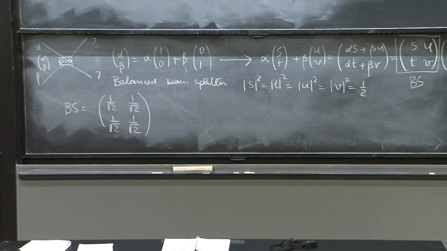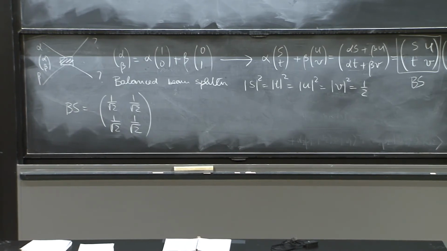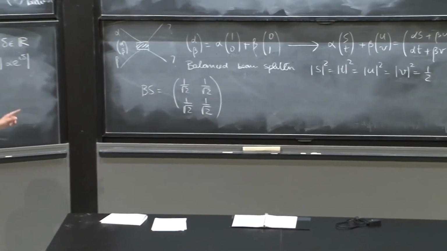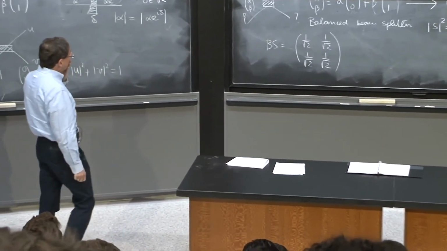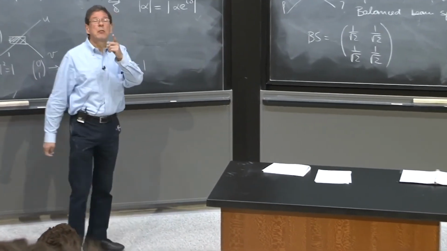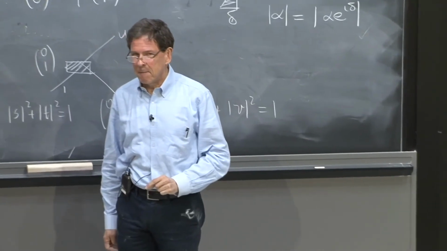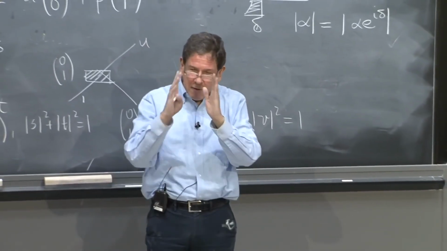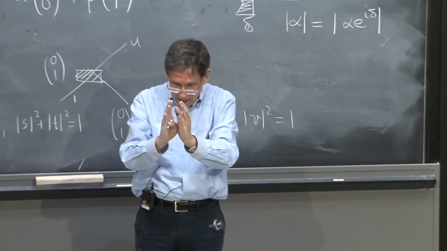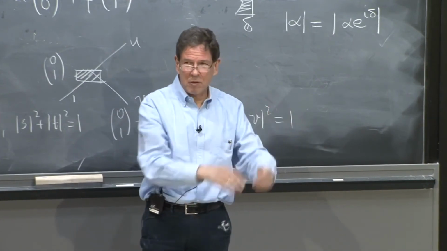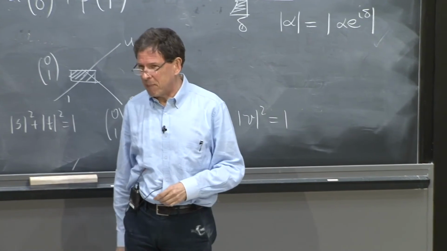Now, why could it be wrong? Because there could be pluses or minuses, or there could be i's, or anything there. But maybe this is right. Well, if it is right, the condition that it be right is that if you take a photon state, one photon, after the beam splitter you still have one photon. So conservation of probability.